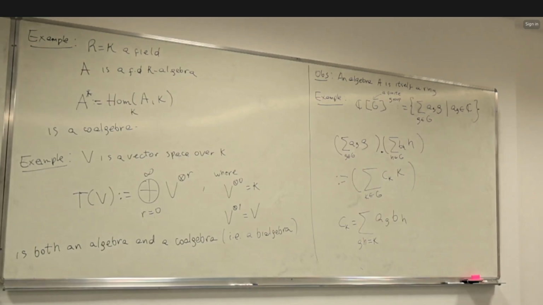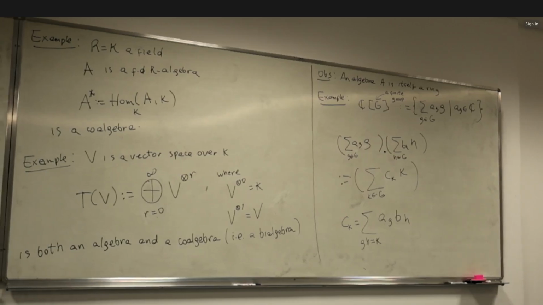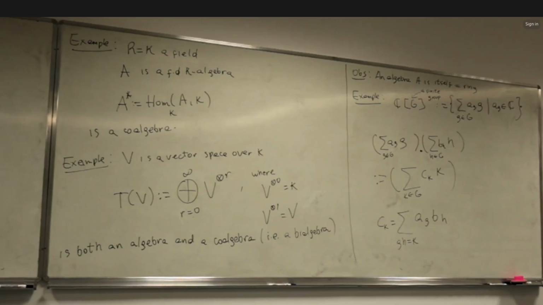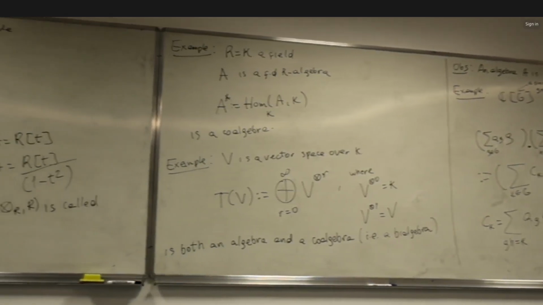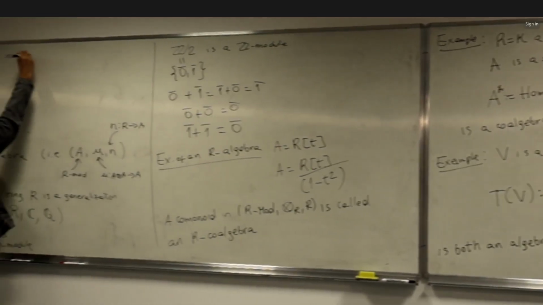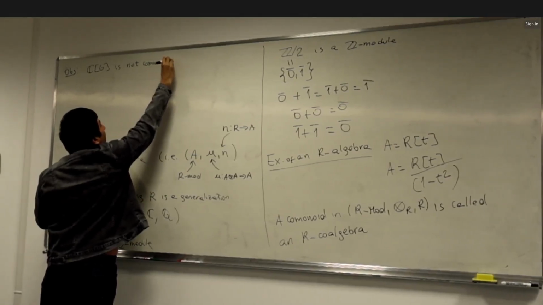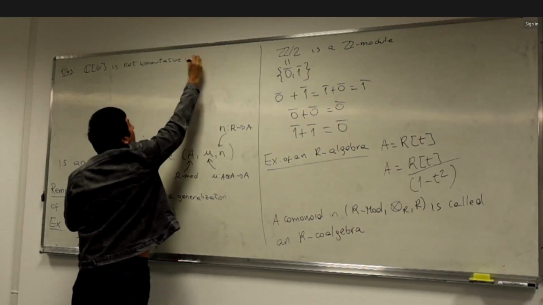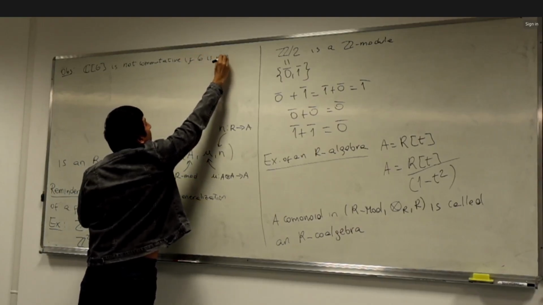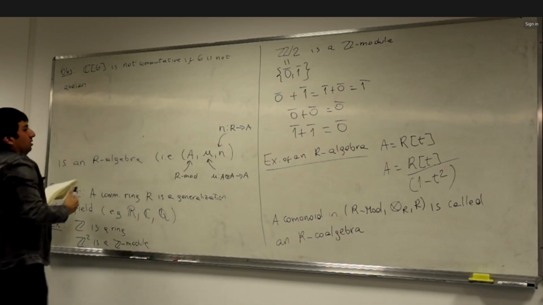Now, an observation. Remember, this is also a ring, but it is not commutative if G is not abelian, or non-abelian.